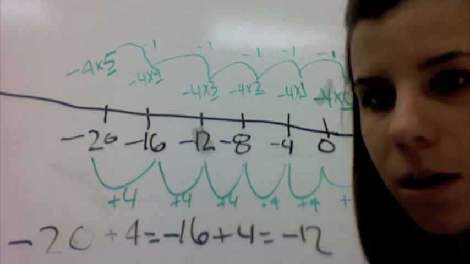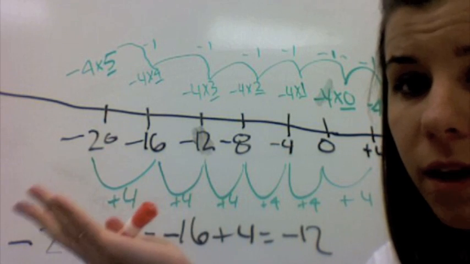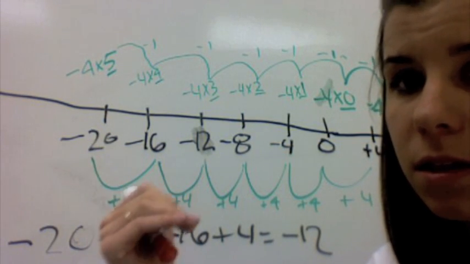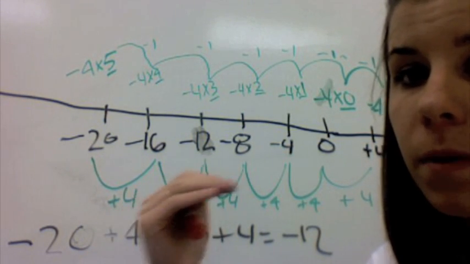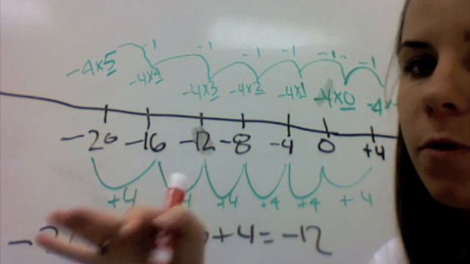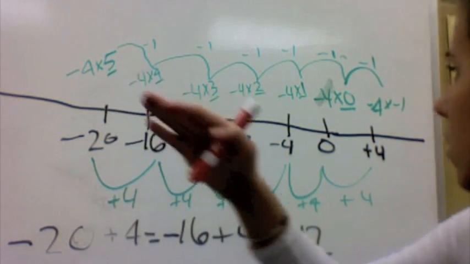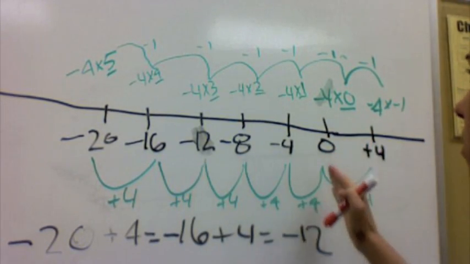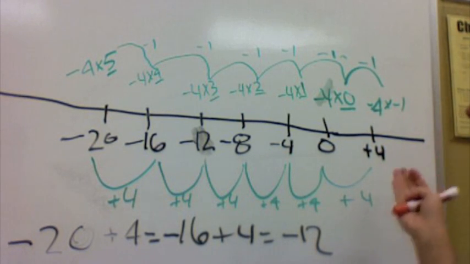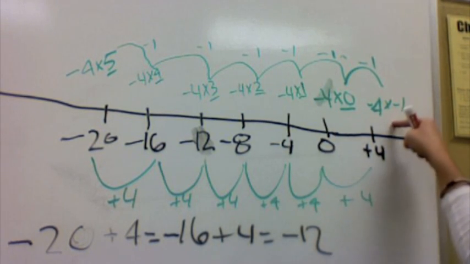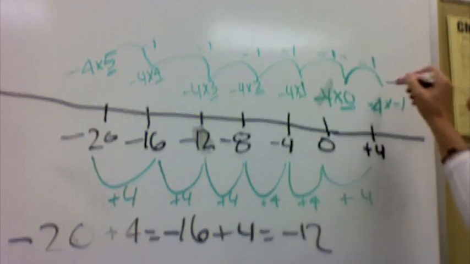To follow the pattern, the answers to these equations have to keep being added by 4. So 0 plus 4 is +4. Therefore, it all matches up right here.